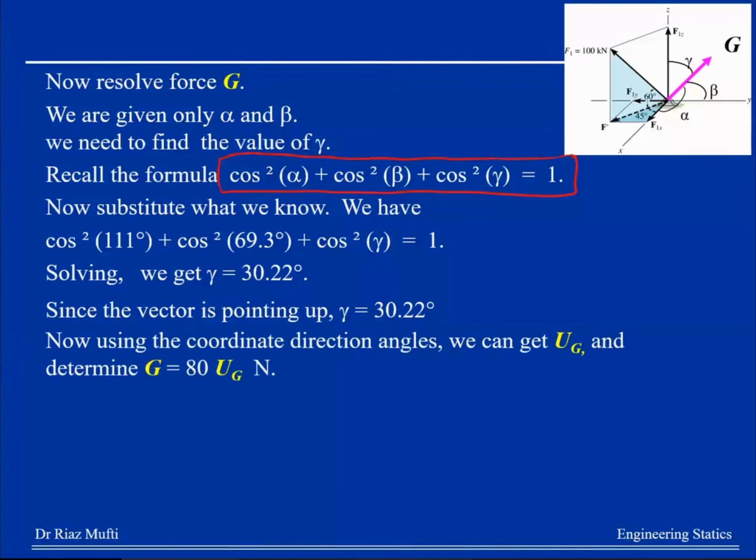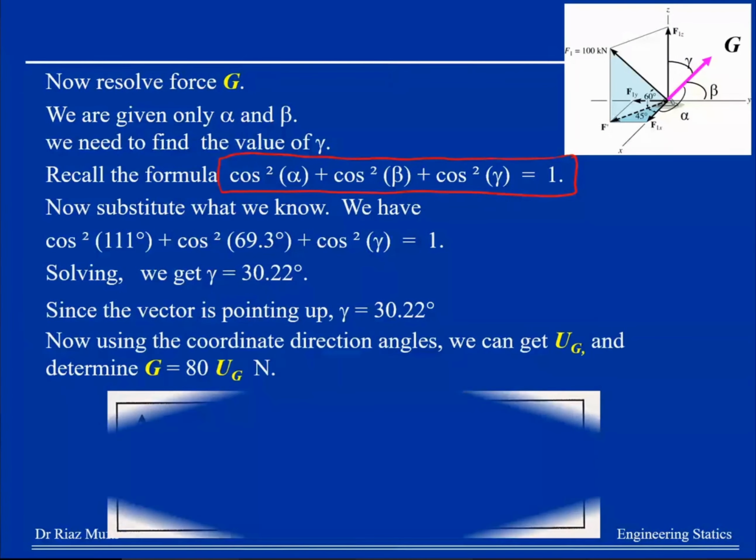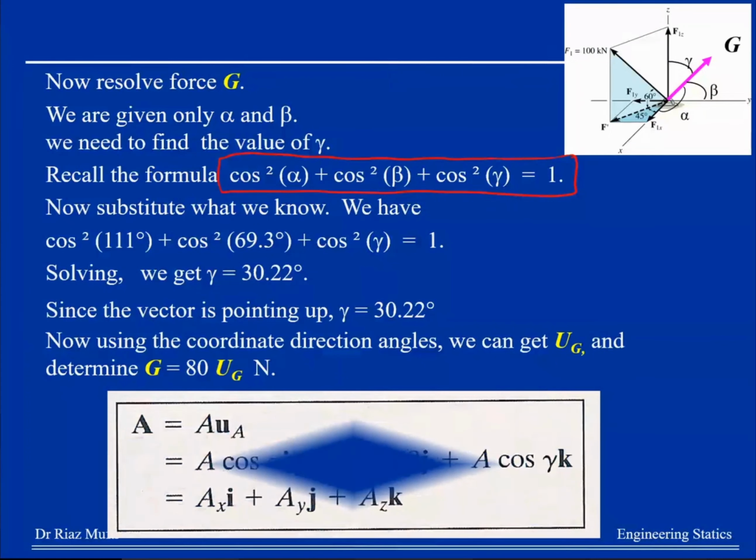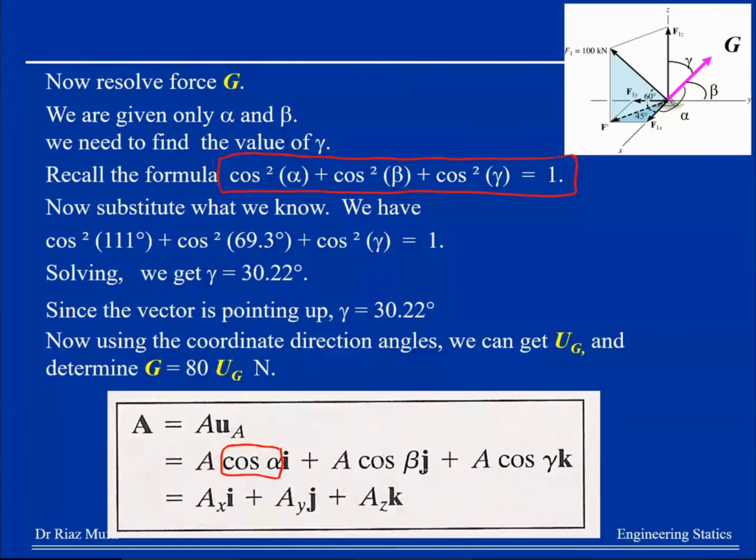Now, the rest is easy. You know the magnitude. You can get this out. Sir, we know that A cos alpha describes the x component of the vector.